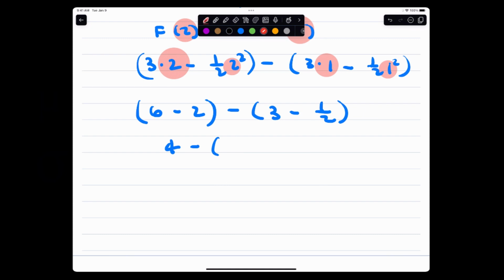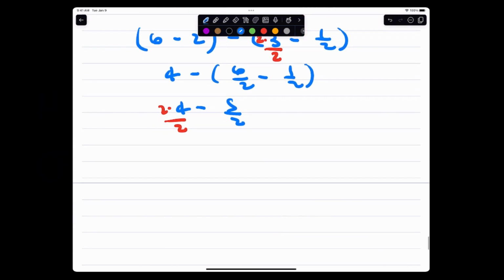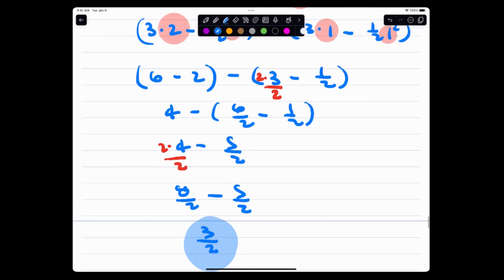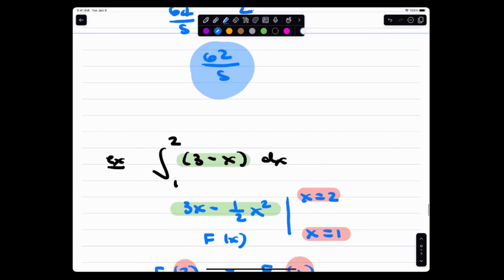You might have to do some arithmetic. 6 halves minus 1/2, which will be 5 halves. 4 minus 5 halves, with 4 as 8 halves. And that gives you 8 halves minus 5 halves, which is really 3 halves. All right, you guys good with that one? Is that easy peasy lemon squeezy?